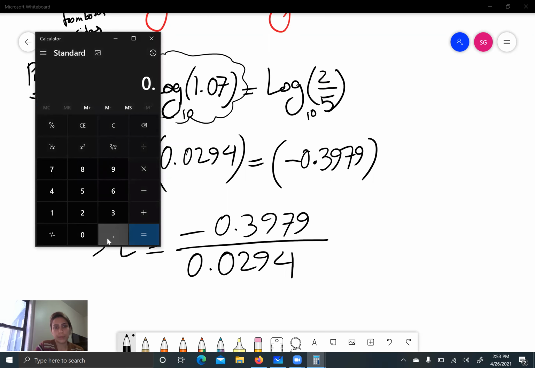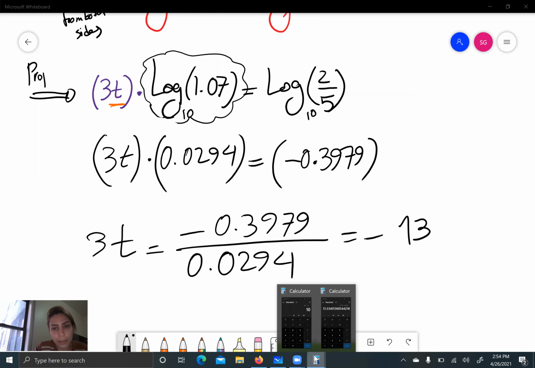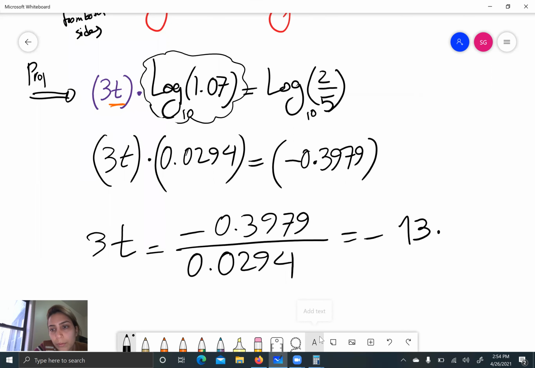So 0.3979 divided by 0.0294 gives negative 13.5340.